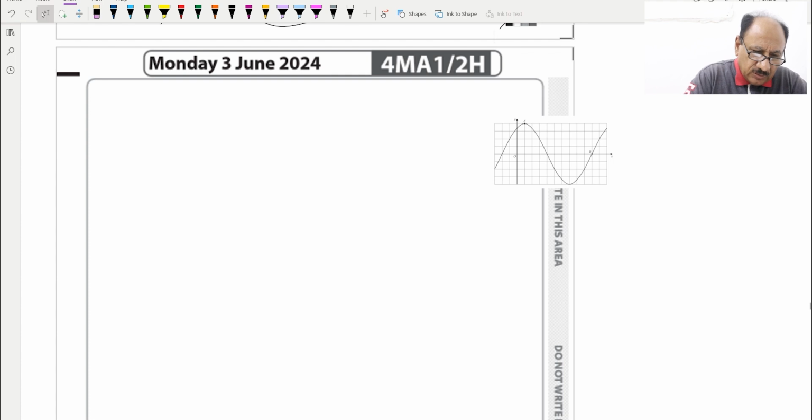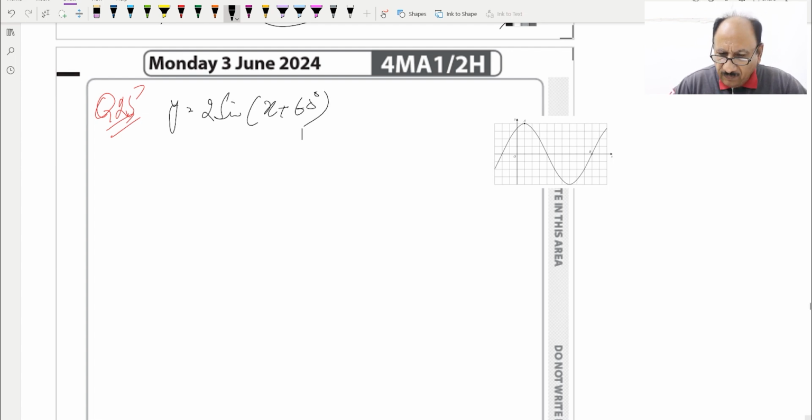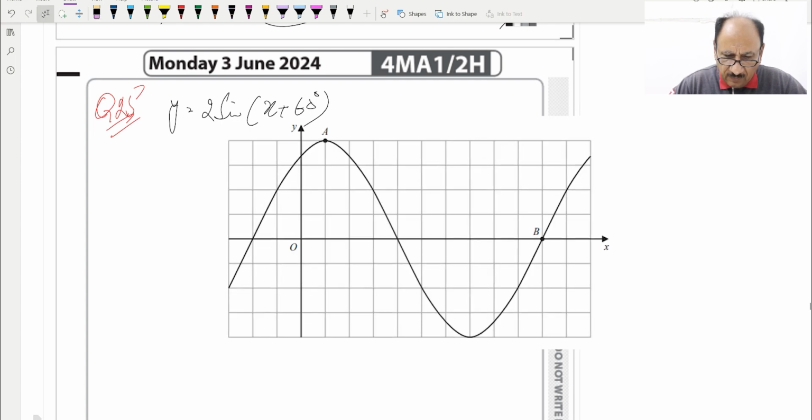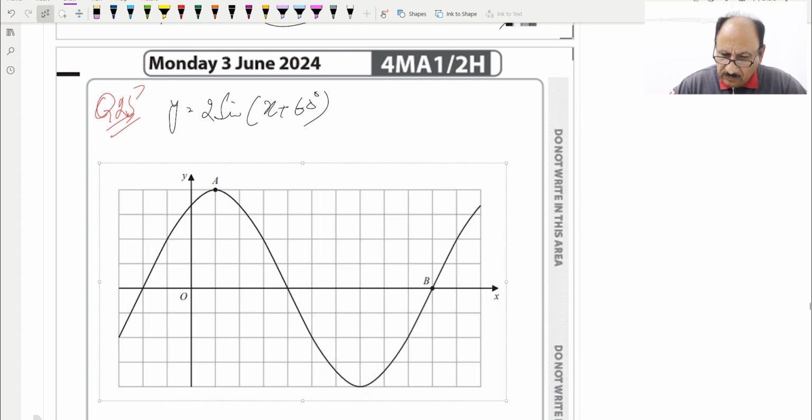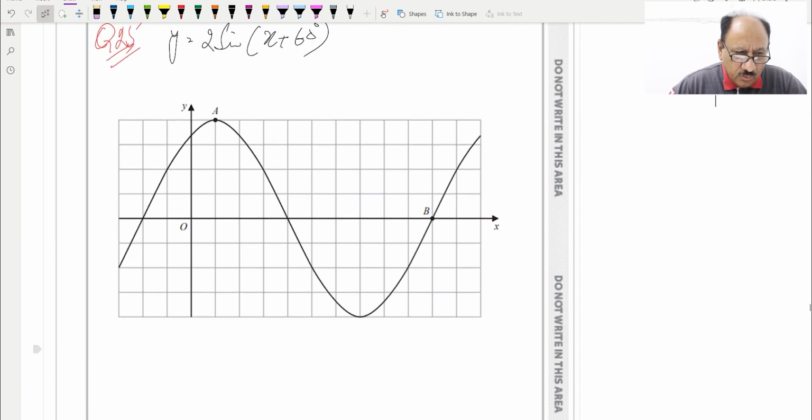So question 25 says the diagram shows a sketch of the graph of y is equal to 2 sine x plus 60 degrees, and the graph which we will be using is this one, and this is the graph which we can use.